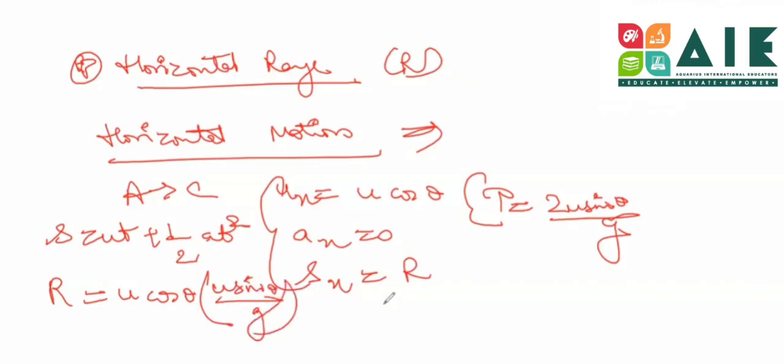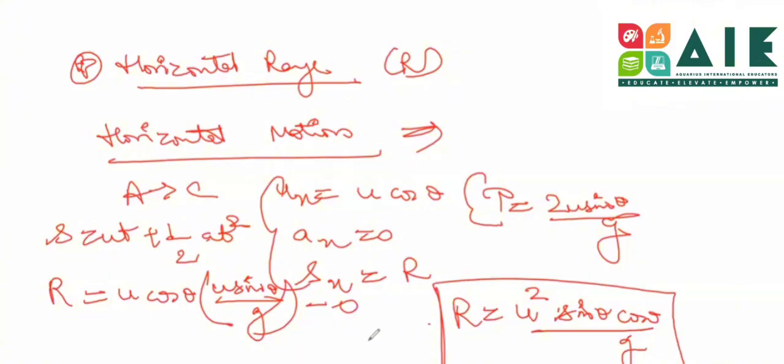Minus half g, for a, I will apply g. So I think a is 0, so this term will completely become 0. So I got the formula for R, that is u square sine theta cos theta over g. Clear?